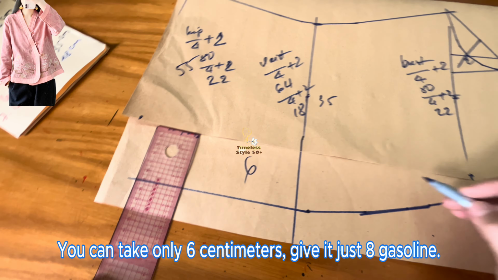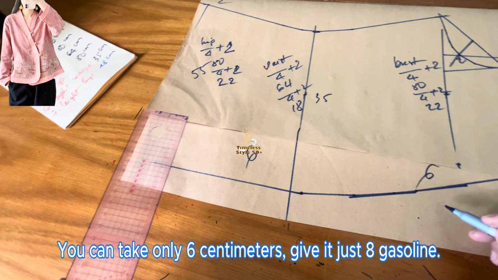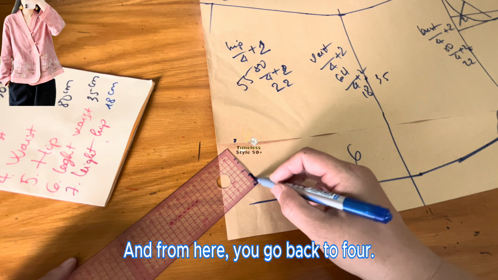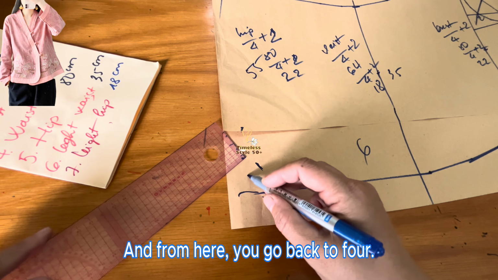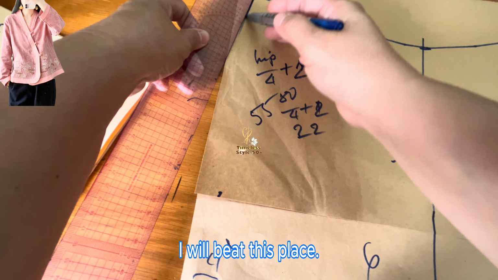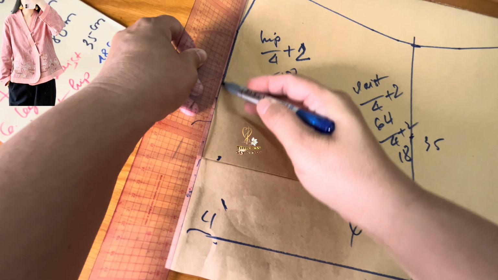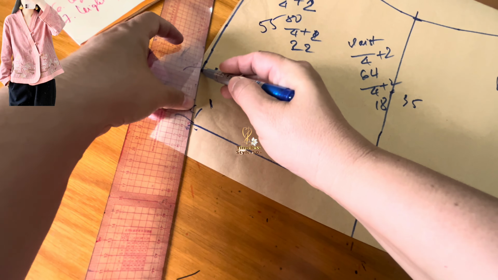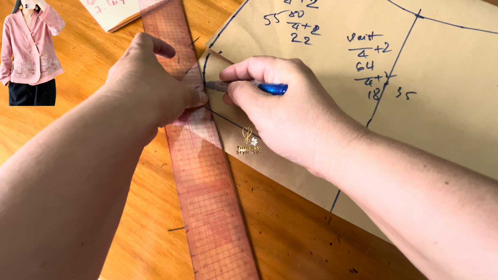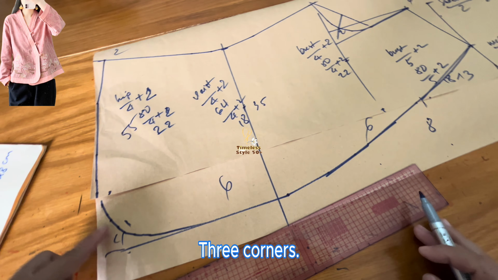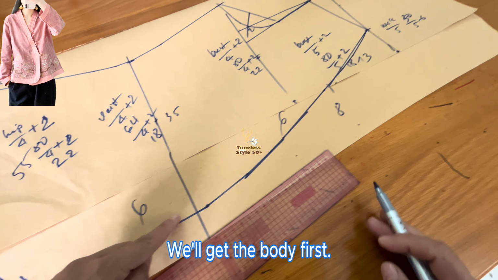You can take only 6 centimeters, give it just 8 gasoline. And from here, you go back to 4. I will beat this place and bore on corner. That's it. 3 corners. We'll get the body first.